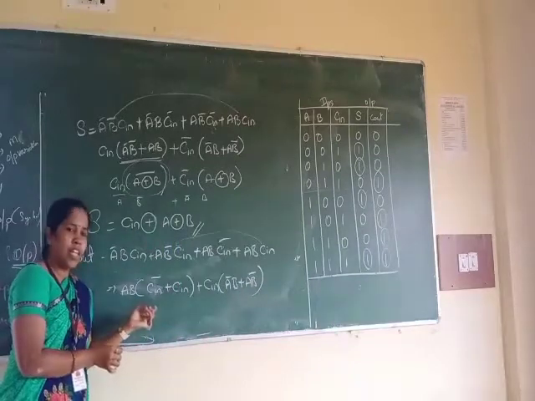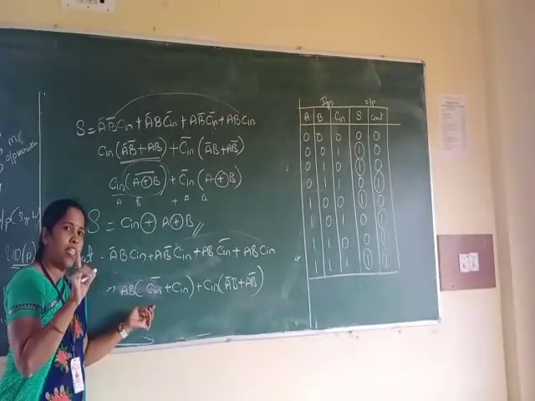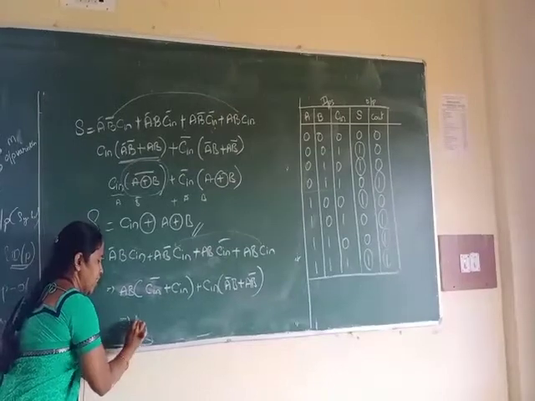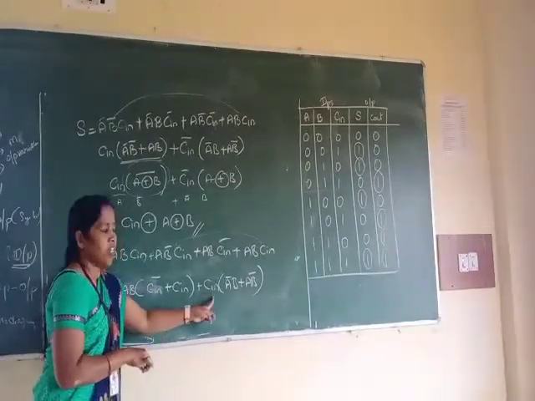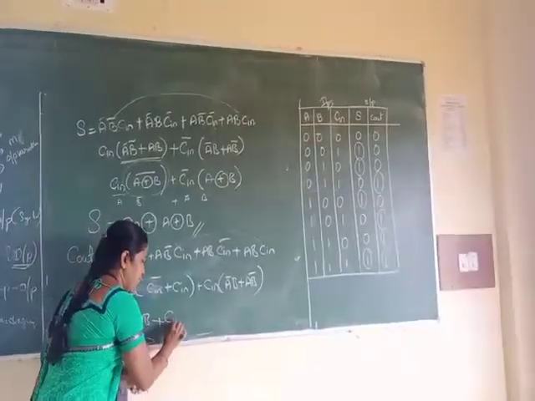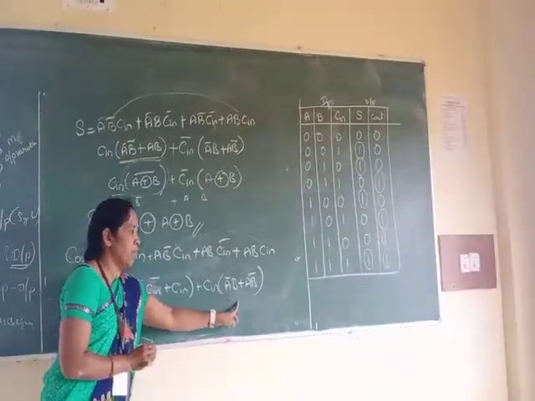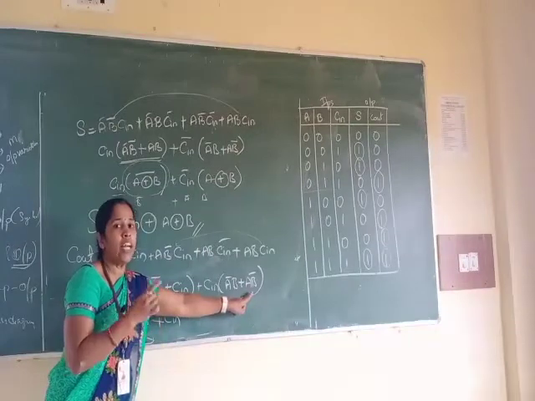So C in plus C in bar, you will get A plus A bar is 1. Then in that case AB plus, it is generating C in, now A bar B plus A B bar, again XOR gate you are getting.